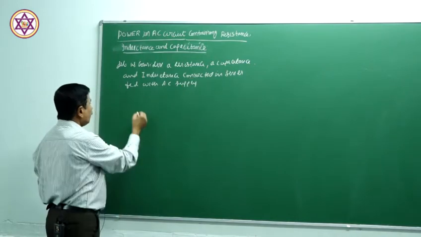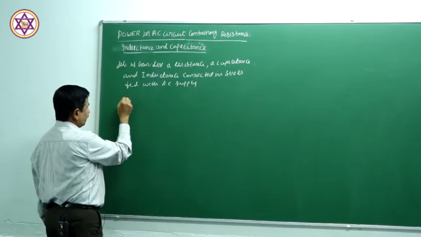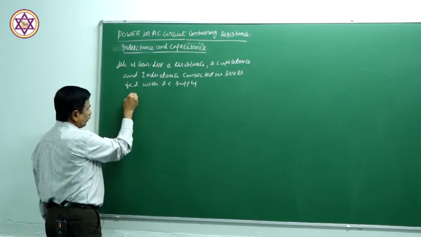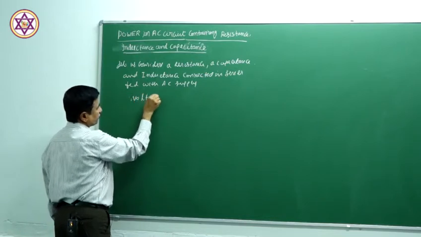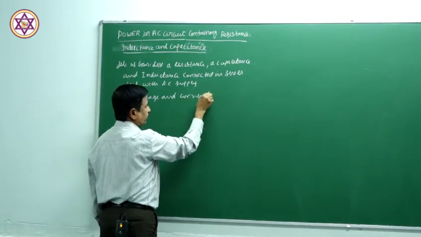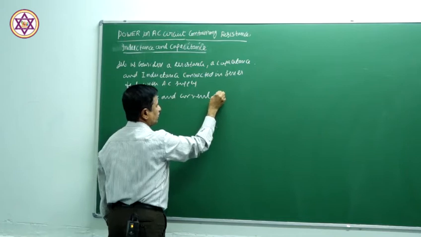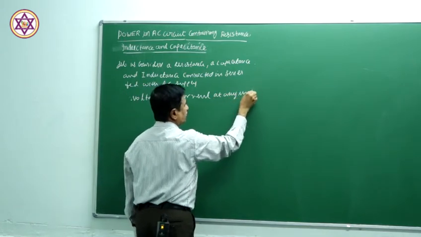So we know the voltage and current at any instant. Current at any instant is given by what?